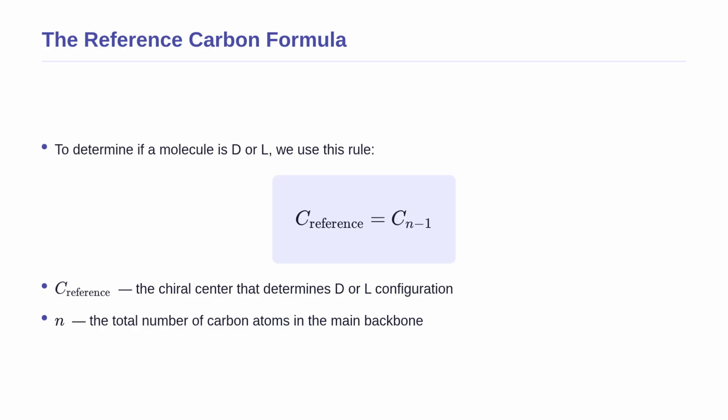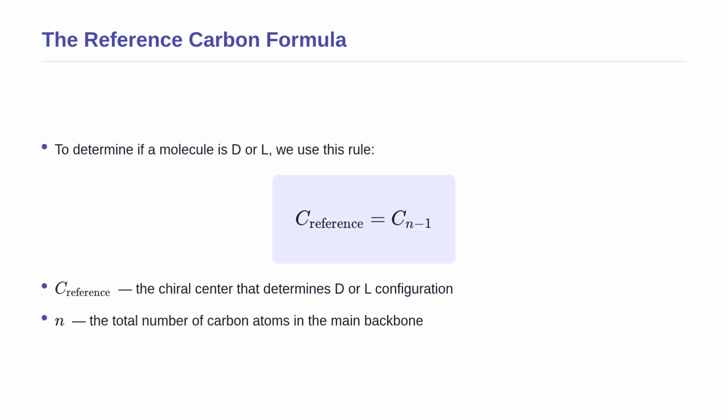With our molecule oriented correctly, we need to know which carbon dictates the overall configuration. The configuration of the molecule as either D, dextro, or L, levo, is determined by a simple mathematical rule based on the total number of carbons. The formula is C reference equals C sub n minus 1.